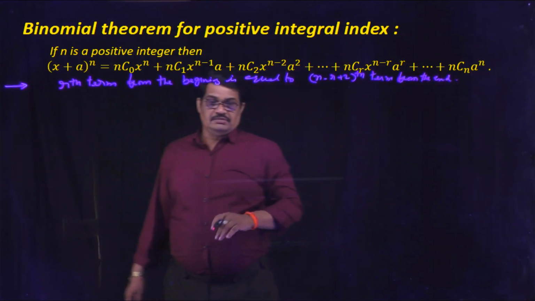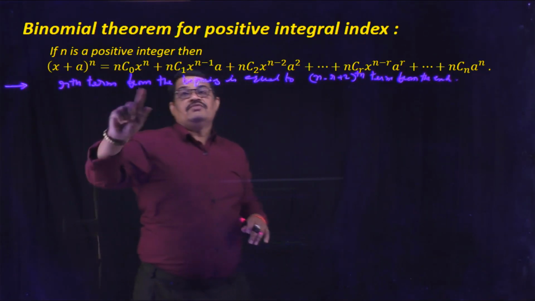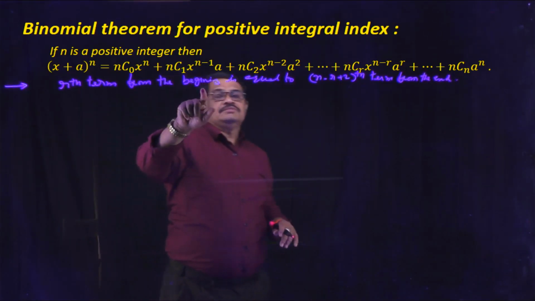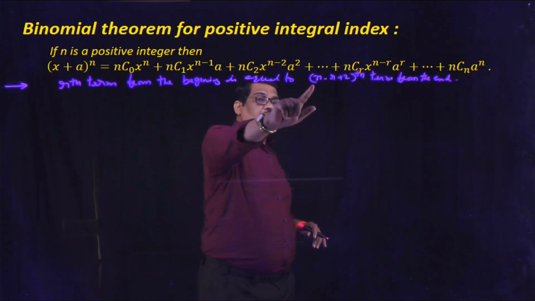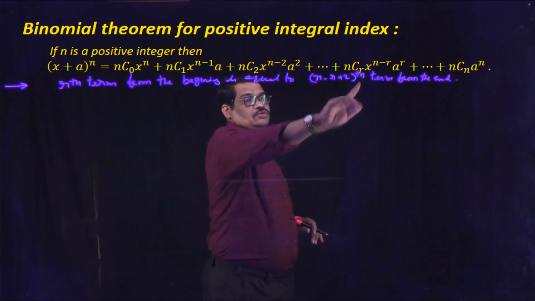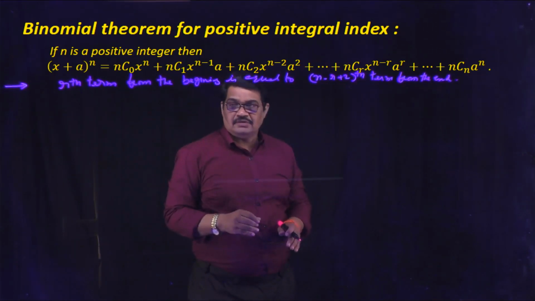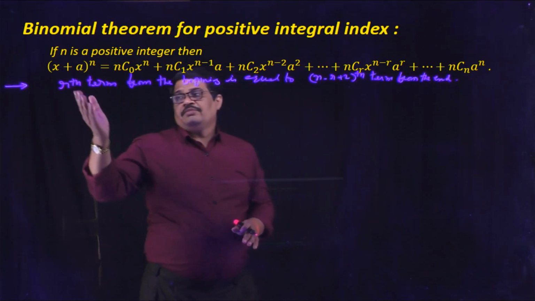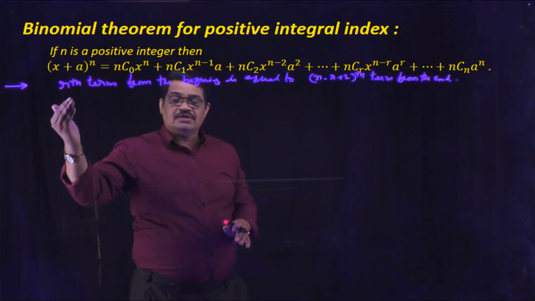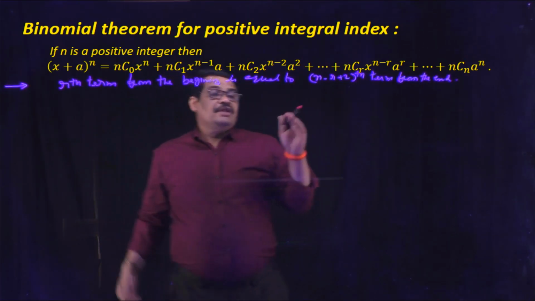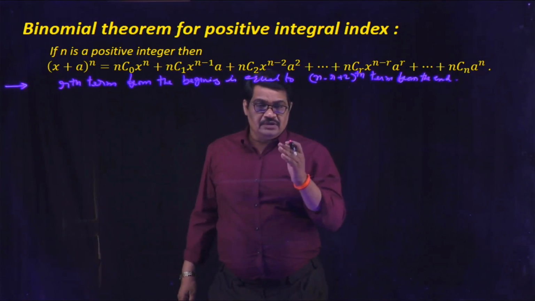Here, observing, the rth term from the beginning is equal to the (n minus r plus 2)th term from the end. So that is, from the beginning, the rth term is equal to the (n minus r plus 2)th term from the ending.